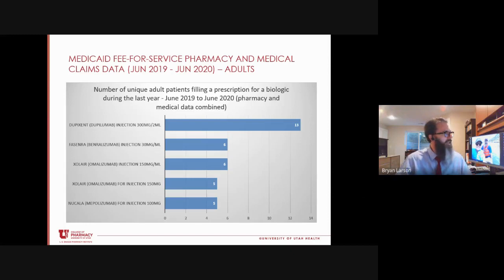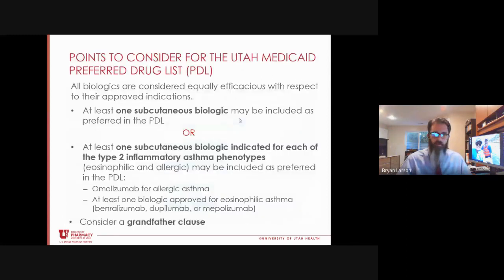And you had another slide that had some potential considerations for the preferred drug list.